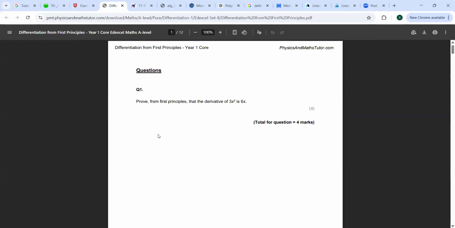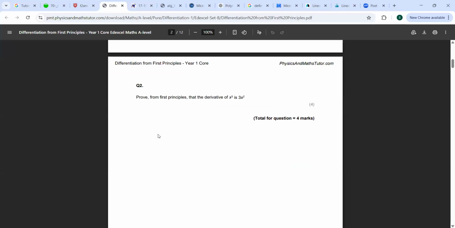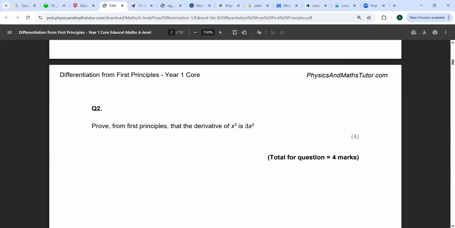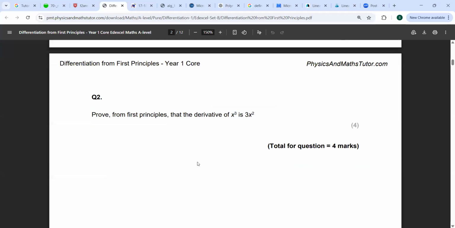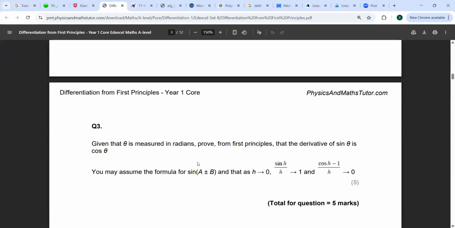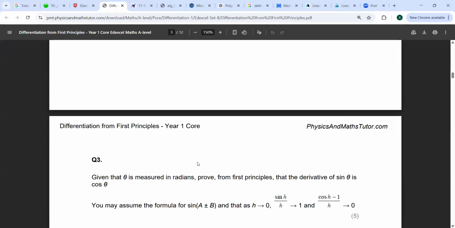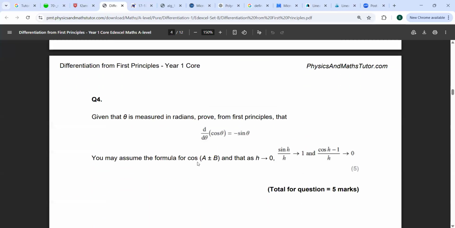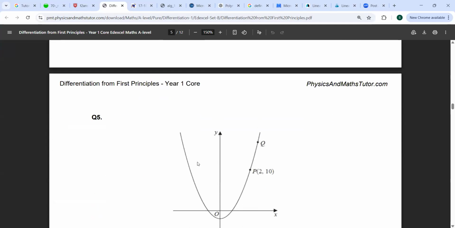There's also another one which you can go through. You are being asked to prove by first principle for 3x squared. Then also this one, on sine functions. I haven't tried it, but I am sure if you know what happens when you differentiate the trig functions, you should be able to handle it.